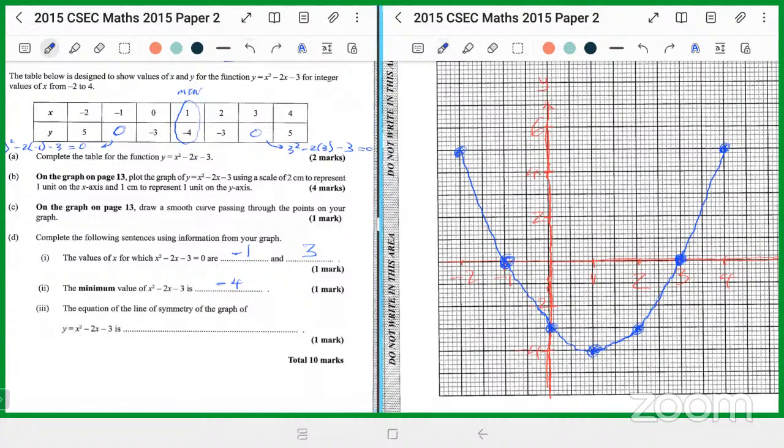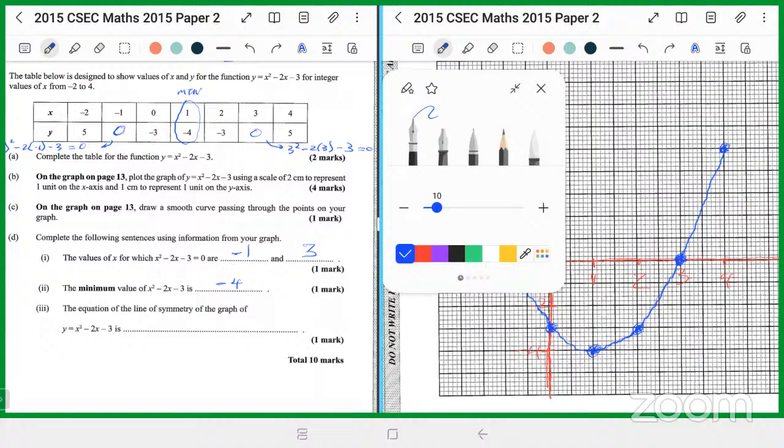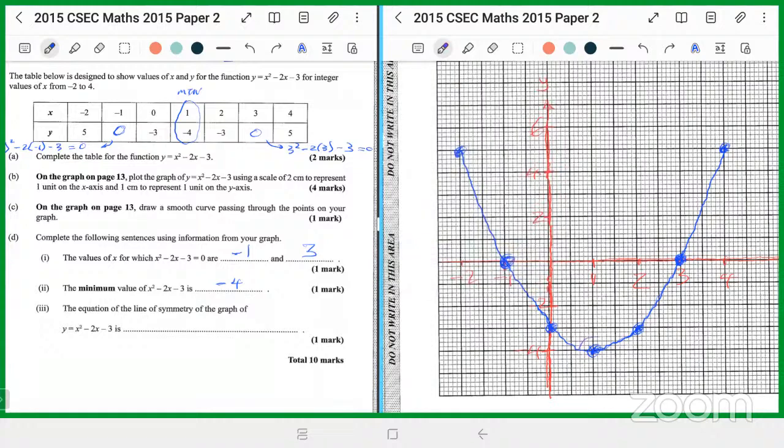That axis of symmetry, if I put it down in purple, will be lined vertical through this minimum point here. All the other points are symmetrical about this line. The x value at this minimum point is 1, so it's x equals 1. Done. Axis of symmetry.